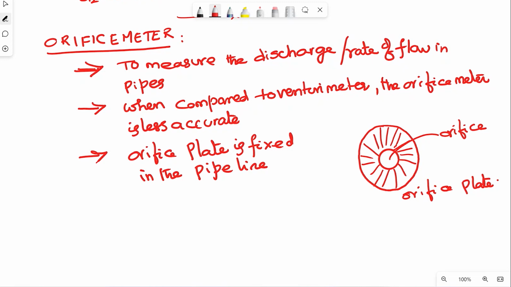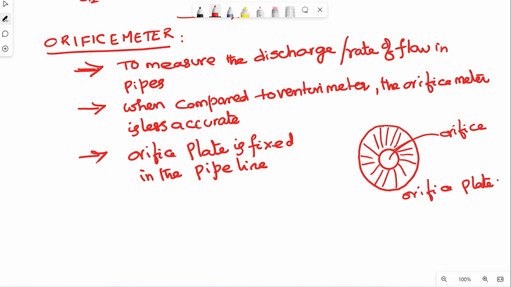But here it is nothing. Just take a circular steel plate whose diameter is a little bit more than the diameter of the pipe, and then make a hole at the center, right?